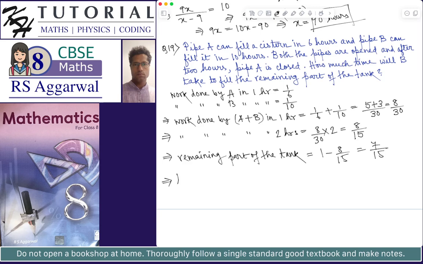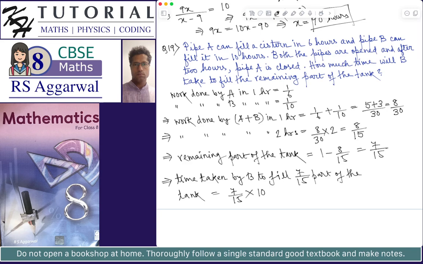So we can say time taken by B to fill 7 by 15th part of the tank will be equal to 7 by 15 multiplied by 10.